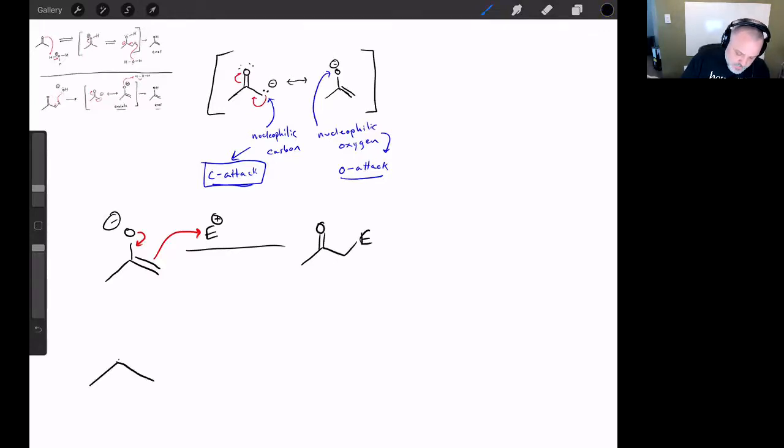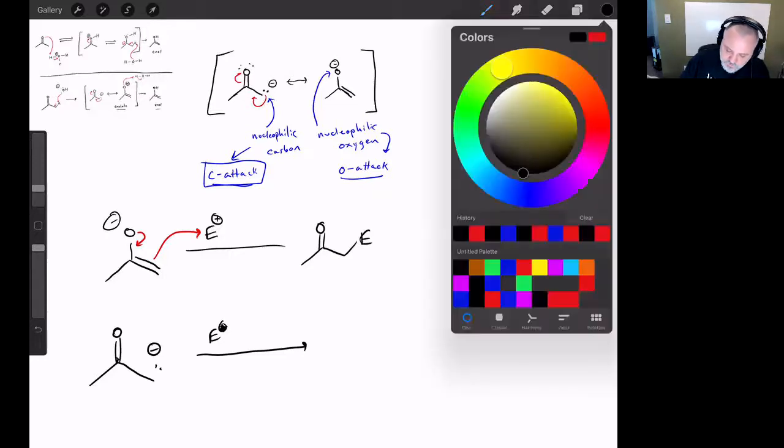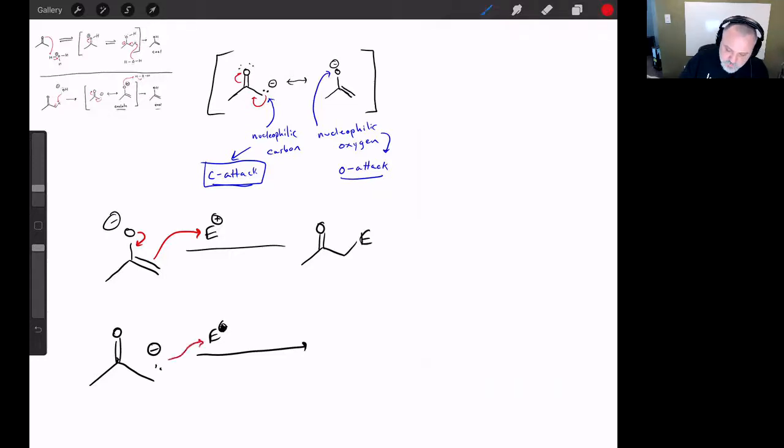Or I can show the negative charge on the carbon and show the carbon attack this way. The results of both versions end up giving me the same chemistry, but for simplicity's sake, most of the time we're going to show the mechanisms with this version rather than with this version.